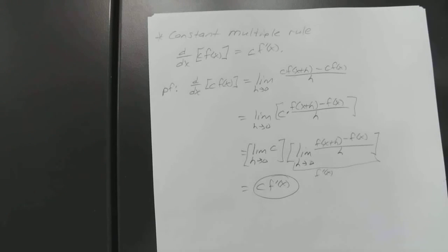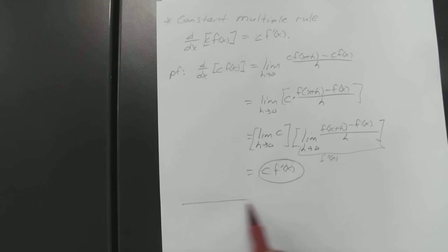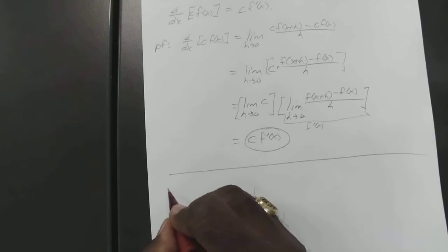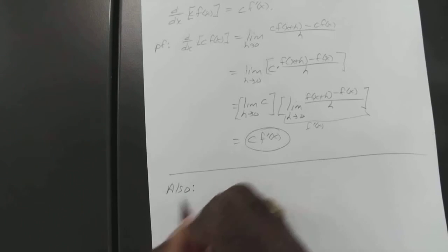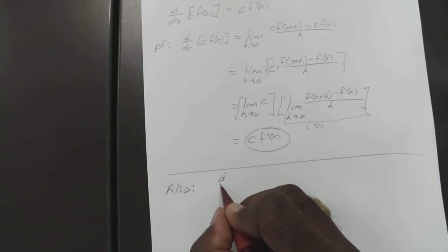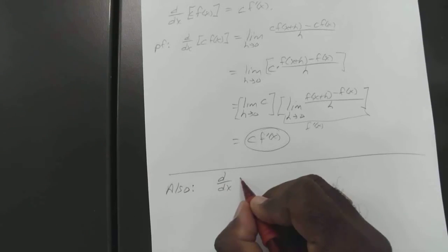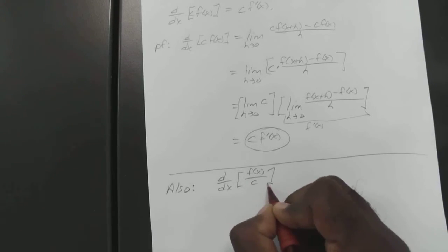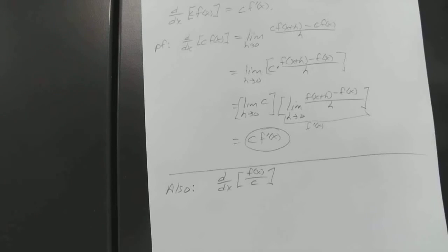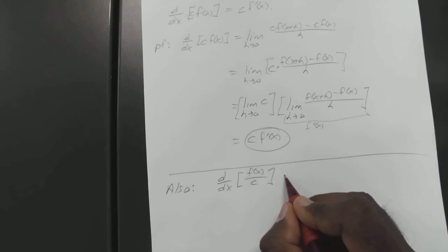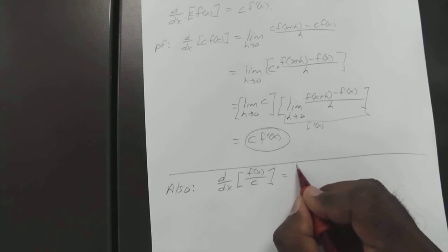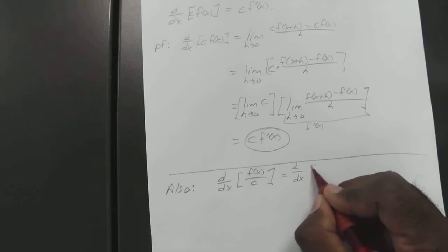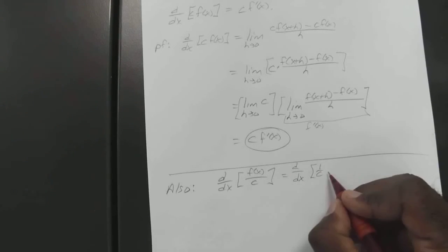All right, so, oh, that's right. Also, let's say if you had the derivative with respect to x of some f of x over the constant, if it's just divided by c. If you wanted to, you can make that derivative with respect to x of 1 over c times f of x.